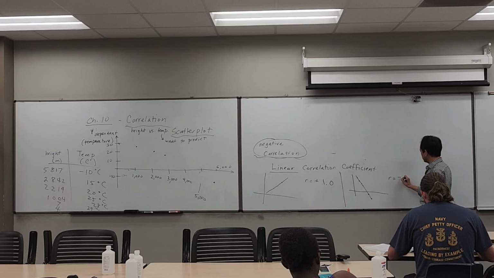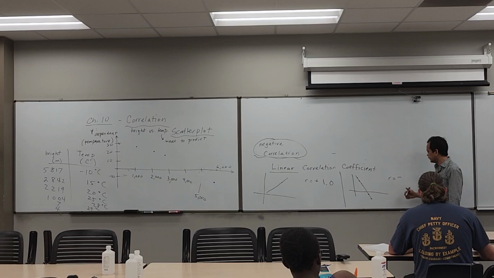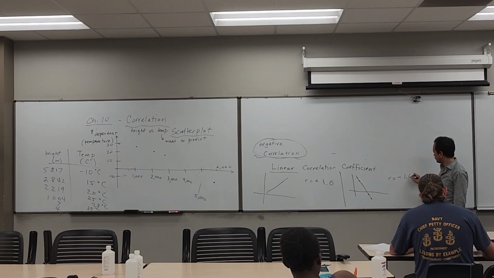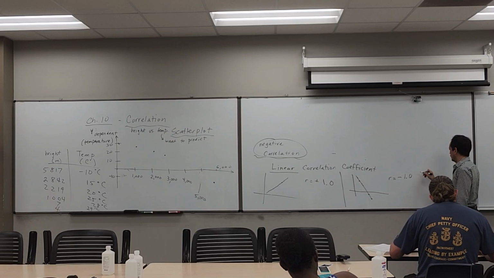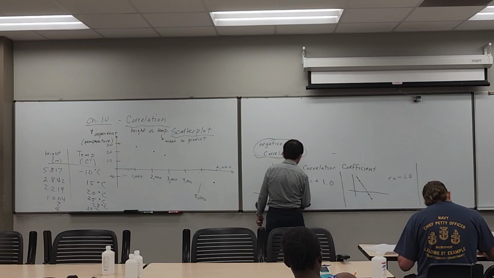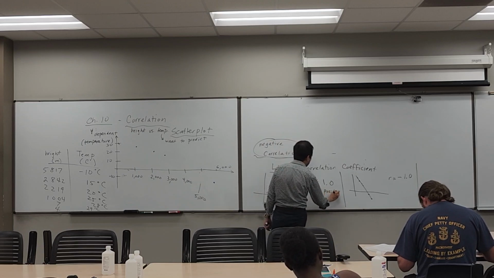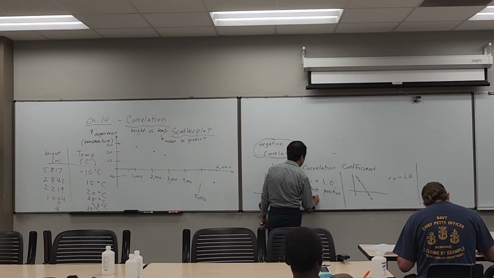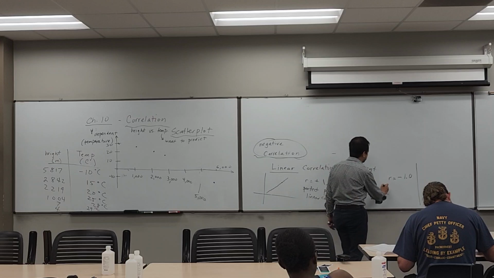So R will be negative in this case, but again, because the line of best fit goes through all the points perfectly, the value of R will be 1.8, but it will be negative. So we say on the left, this has perfect positive linear correlation, and on the right, we have perfect negative linear correlation.